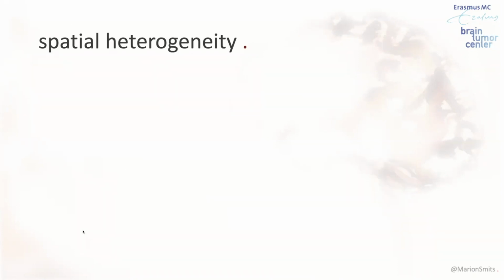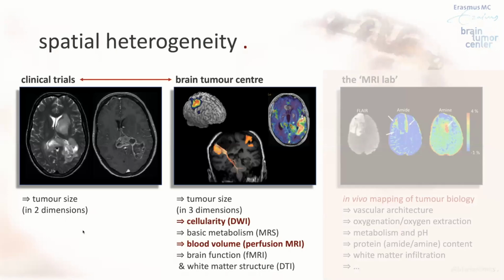The other reason why it's also important to be able to look at genetics with imaging is spatial heterogeneity. Again, there are differences within the tumor. We know that. And of course, if you take the whole tumor out, you will get some idea of the spatial heterogeneity.